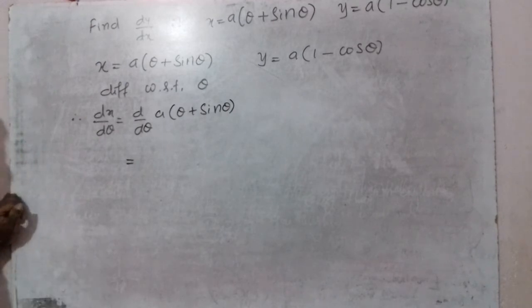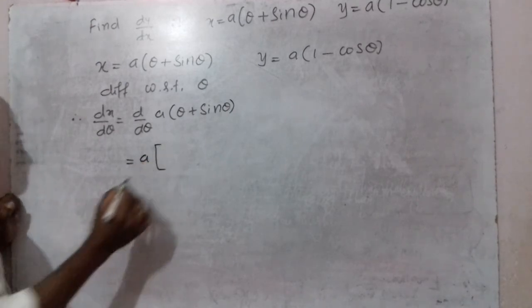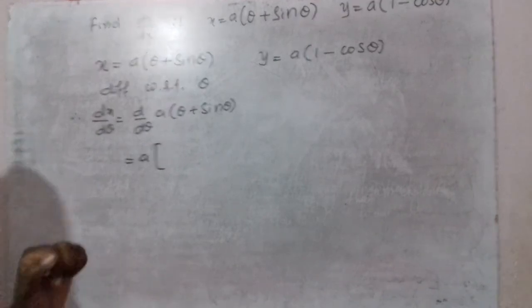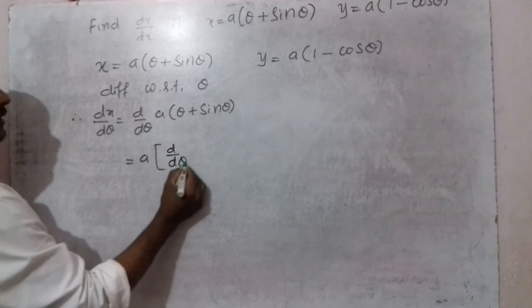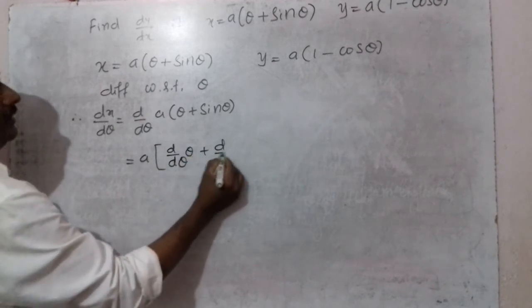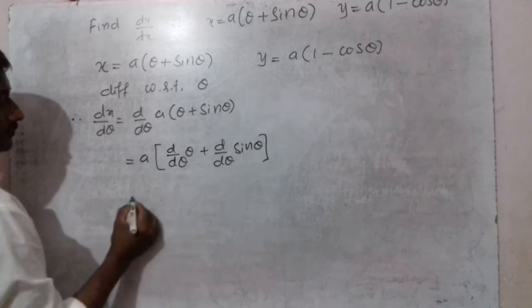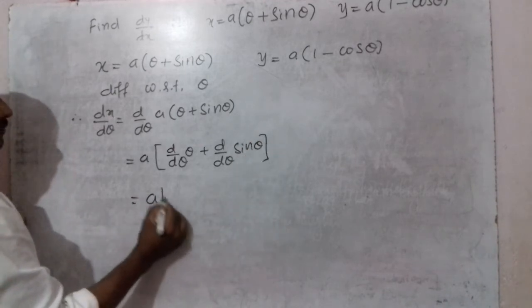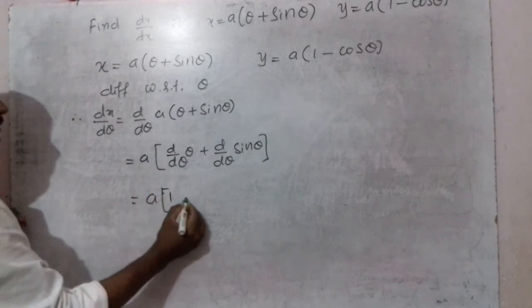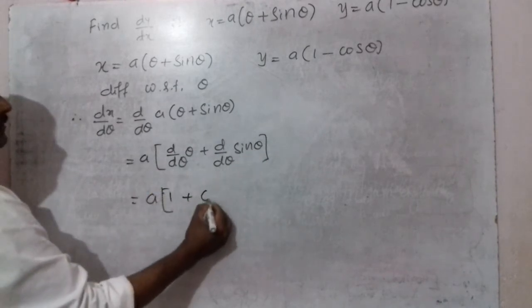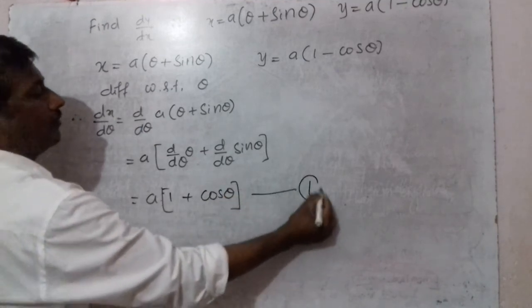This equals a into d by d theta of theta plus d by d theta of sin theta. The derivative of theta with respect to theta is 1. The derivative of sin theta is cos theta. Call this equation 1.